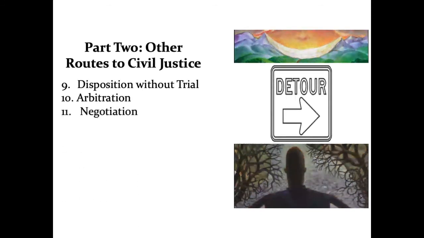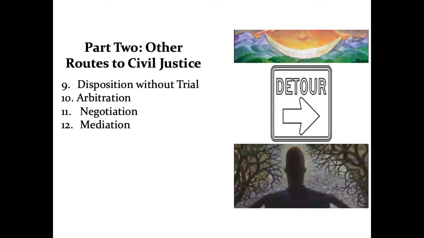Okay, then we get into alternative dispute resolution: arbitration, negotiation, and mediation. So arbitration is simply privatized judging. It's where parties submit their dispute to someone who is not a judge, but who has the same authority which a judge would have to impose a resolution on the parties.